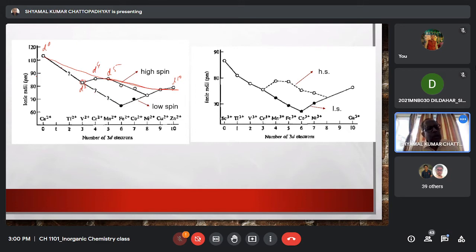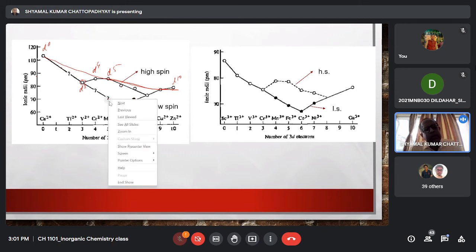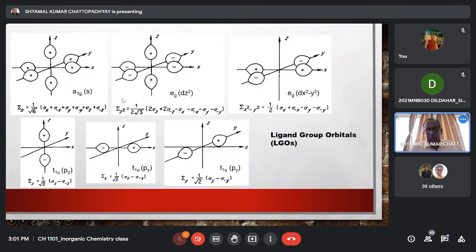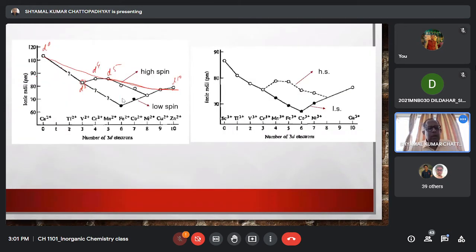D3 to d4 higher CFSE, lower radius. At d6 you have the highest CFSE, so the lowest radius. For the low spin system, d6 has the highest CFSE, so the lowest radius is observed at the ferrous ion, d6.